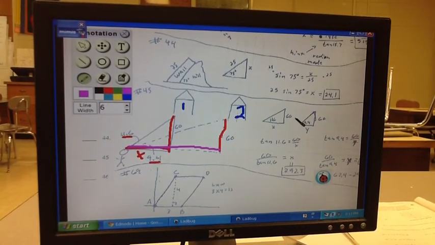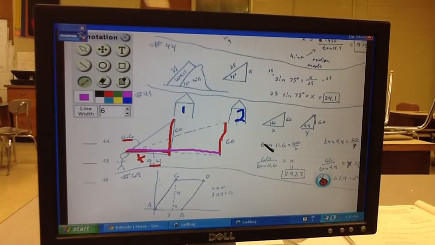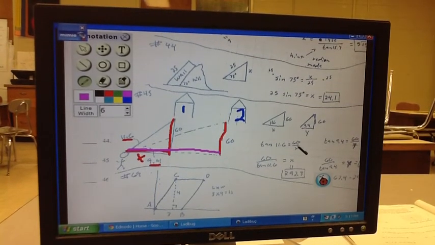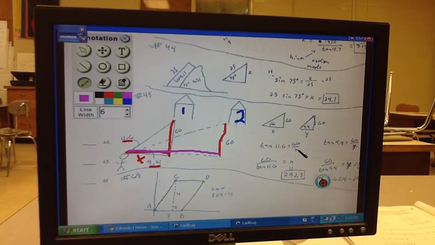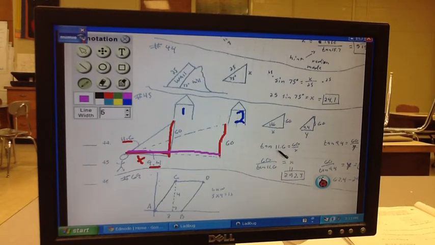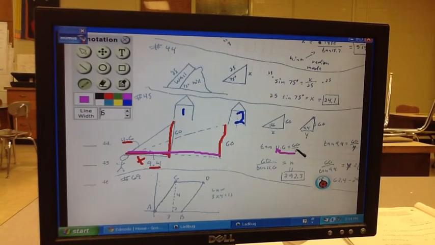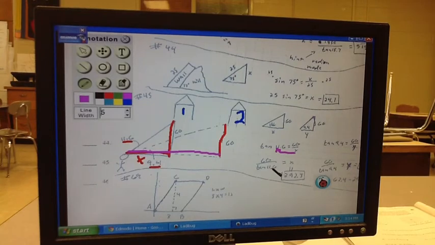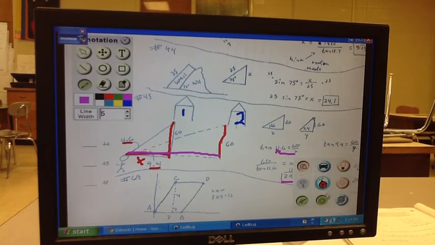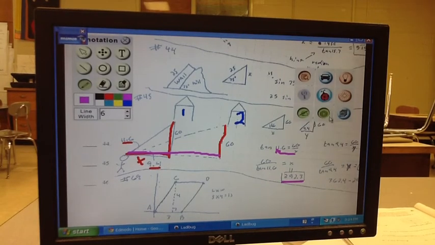Finding X, hey, we got opposite and adjacent, that's the tangent. With the opposite on top, over X, X is on the bottom, so I just switch them. Switch the X with tangent of 11.6. So we got 60 over tangent of 11.6. Ends up being 292.3. Alright, I'm going to have to move it here, so hopefully you won't get too lost.